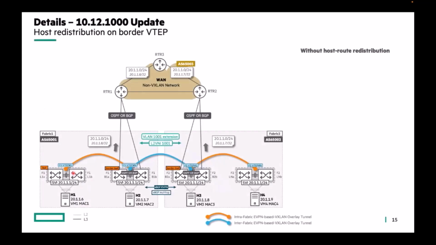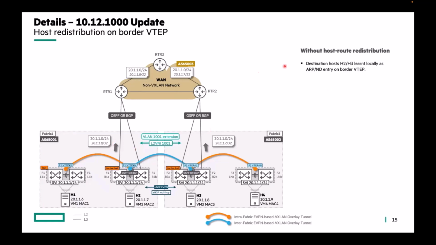Let's talk about the details on the control plane. How are we going to achieve them, right? So for today, in the 10.12.000 update, we have something called host route redistribution on border VTEPs, right? Today without the host route redistribution, we are sending the entire network, right?